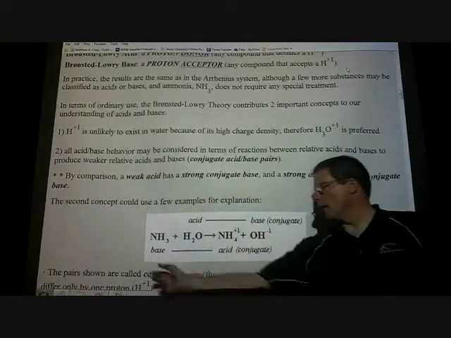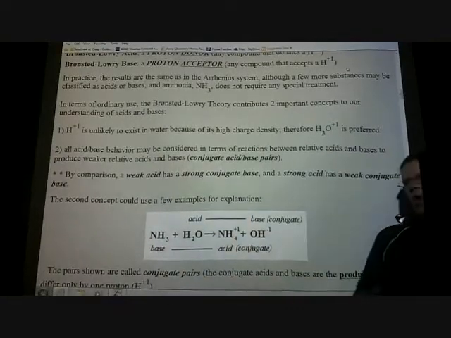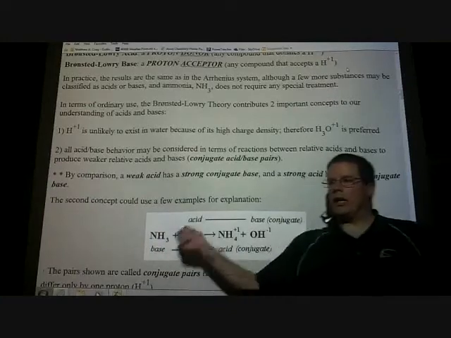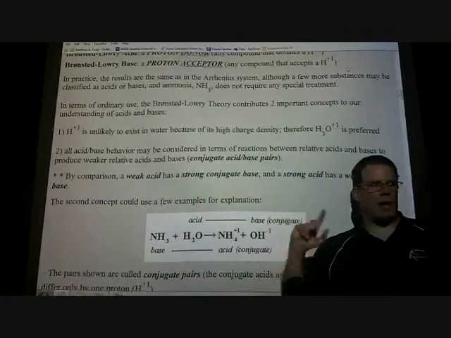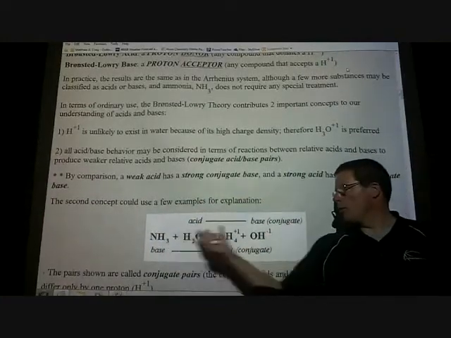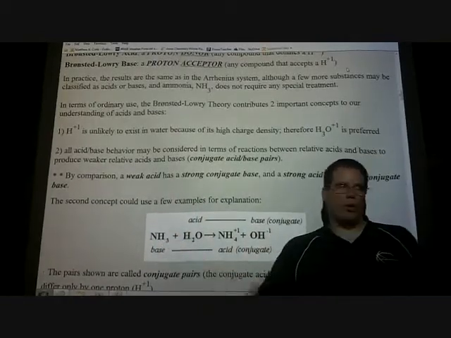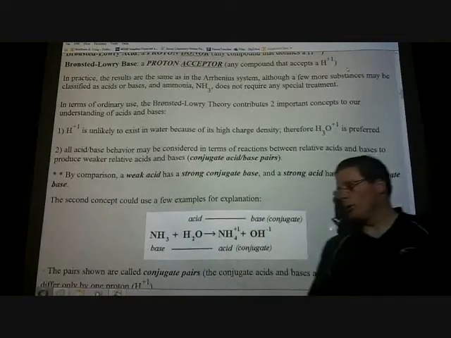Now I have a diagram here because once something is an acid on one side, it can have a reversible reaction. In other words, reactants form products, and then the products turn around and form the reactants again. And we haven't talked about that, but that's kind of like an equilibrium system.